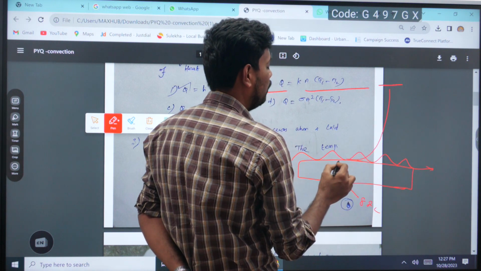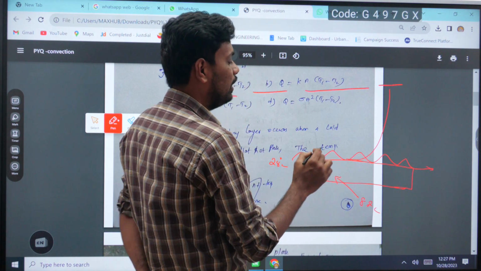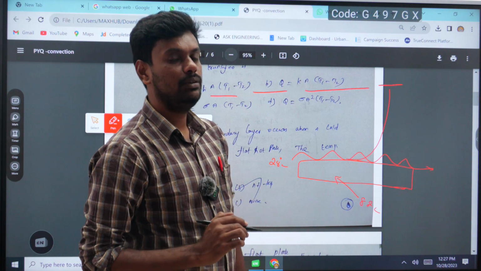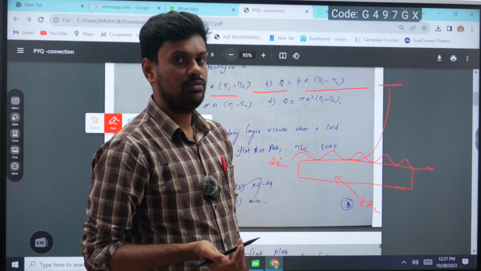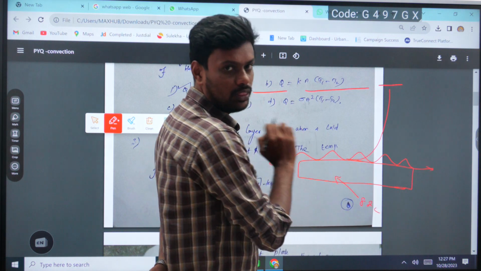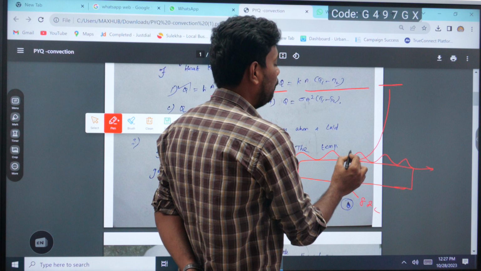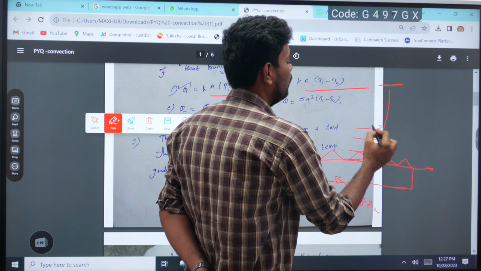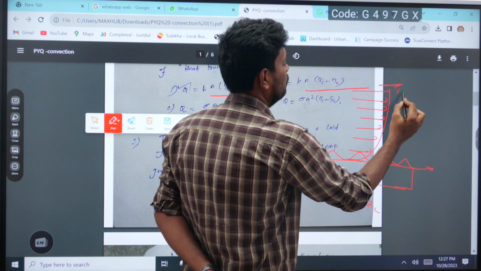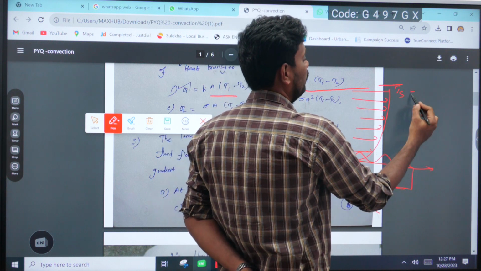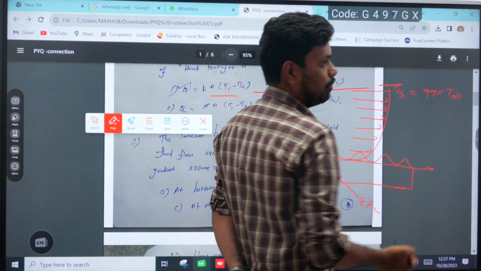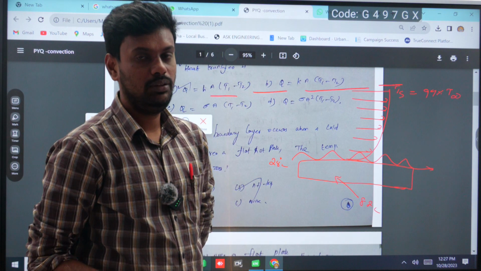That already we discussed, the layer which is adjacent to the plate will be almost 99% equal to the plate surface temperature. So the fluid adjacent to this surface will be at the same as the plate temperature. While you go up in this direction, the temperature will gradually decrease, and at last the temperature of the fluid will be equal to 99% of the free stream temperature of the fluid.